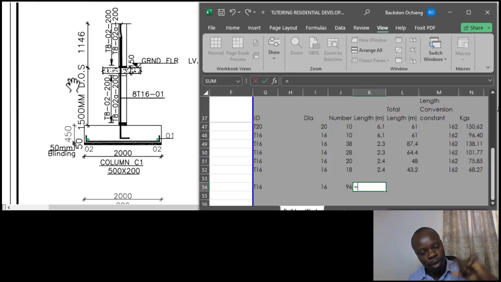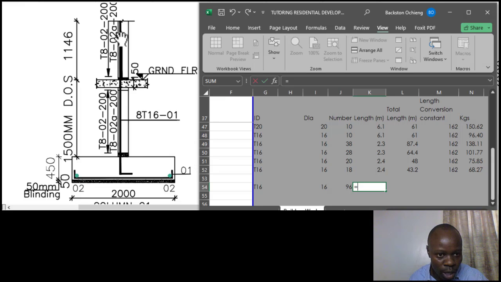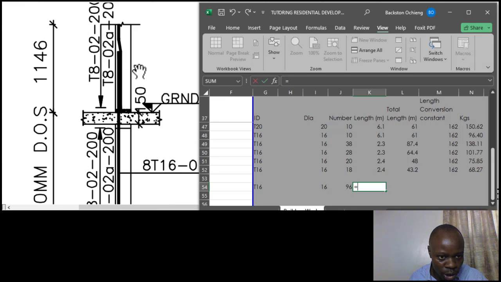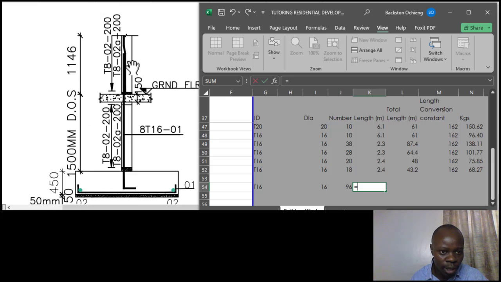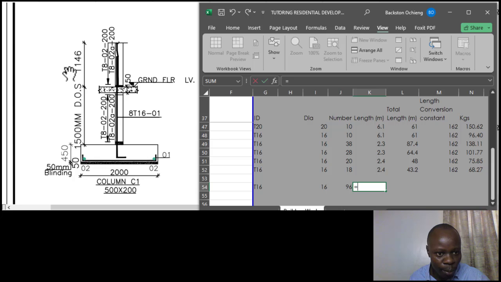Okay, the one that is going for the superstructure, and the one that is emanating from the substructure level. So if I zoom this, you will notice that the bar that I'm talking about is here. All right, so we are going to use a height of 1.146. That is at the top, and then we'll add the 1.5, which is the minimum that should be used here.